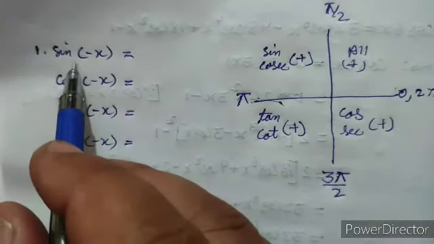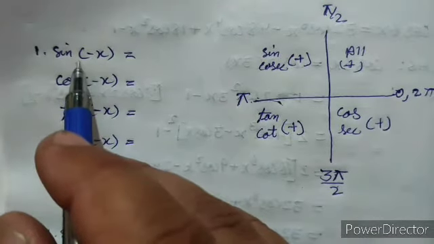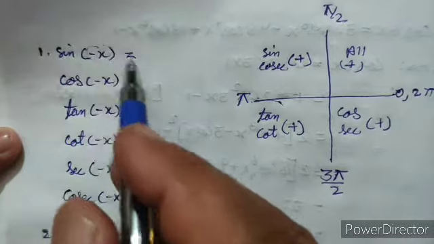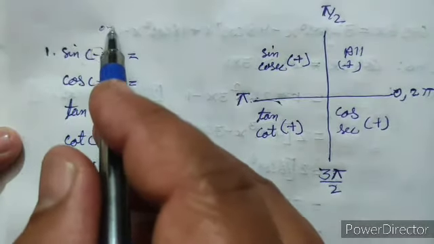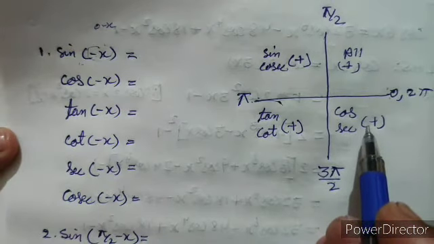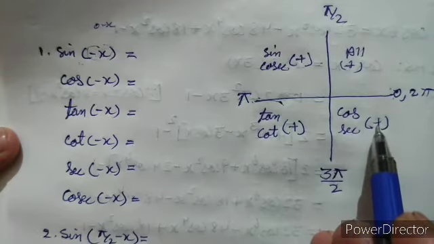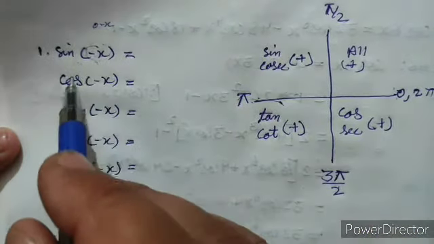Now sine minus x. As we see here, minus x can be taken as 0 minus x, and minus x comes in the fourth quadrant. As we know, cos and sec are positive in quadrant 4.